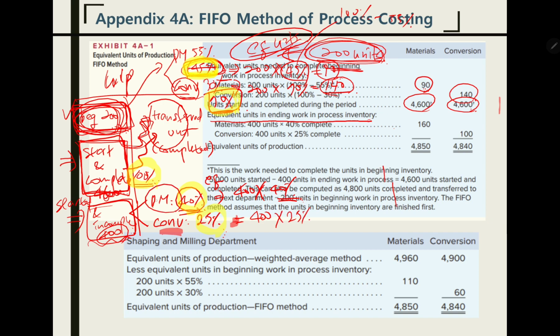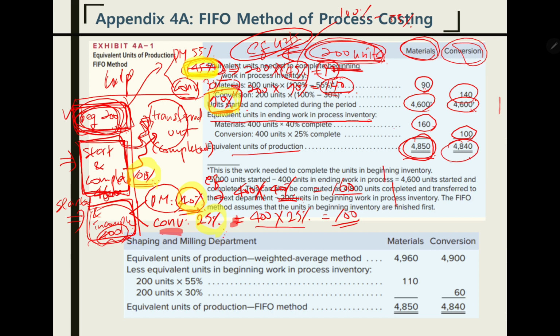Okay, so the direct materials of the ending inventory, the equivalent unit is 160, and for the conversion cost, 100 units. Okay, there's 60 and 100 units. So in total, the equivalent unit of production is, for the direct material, 4,850. Conversion cost, the equivalent unit of production is 4,840.